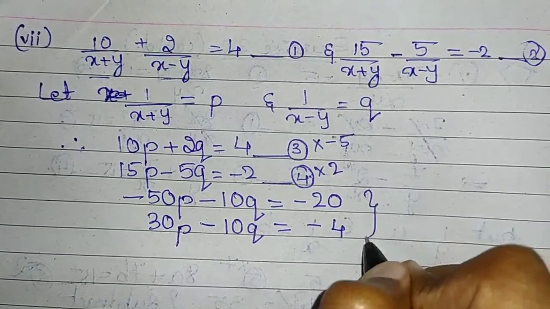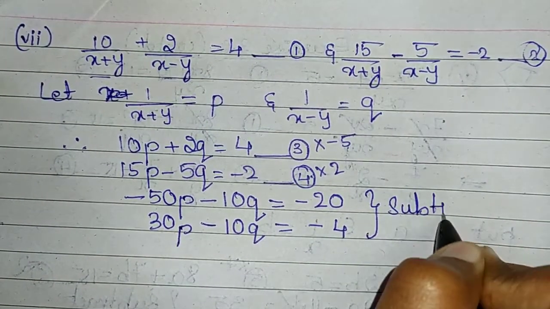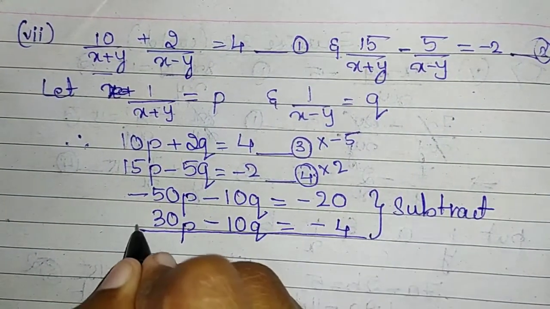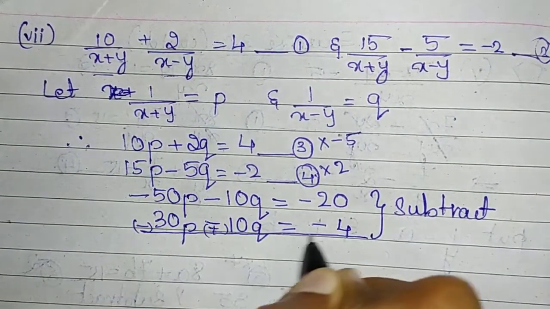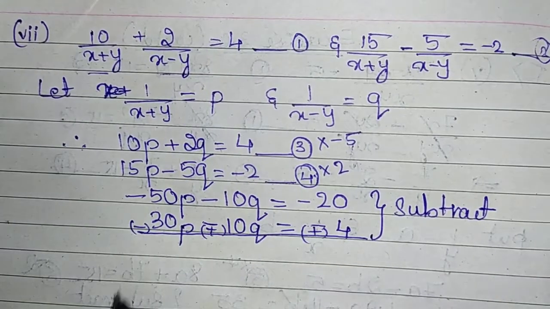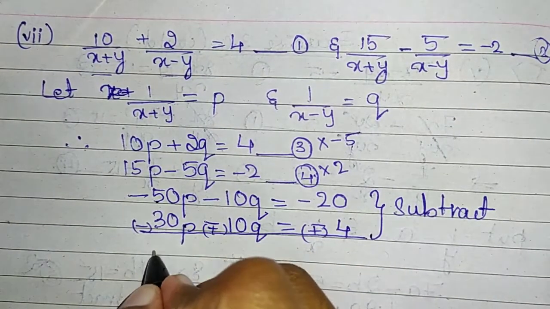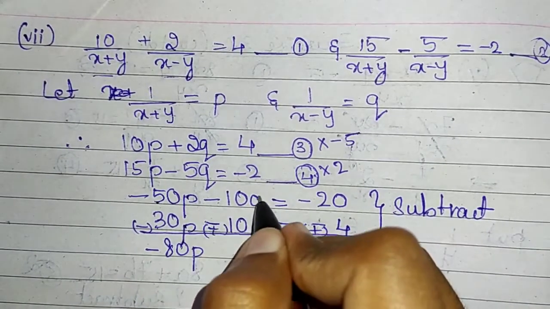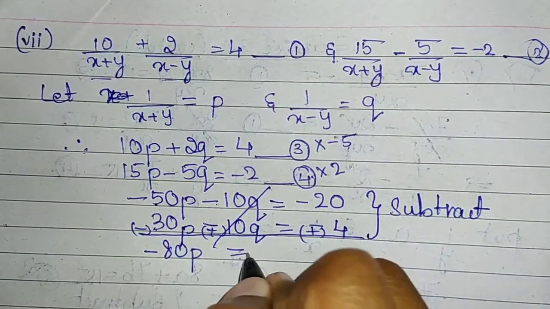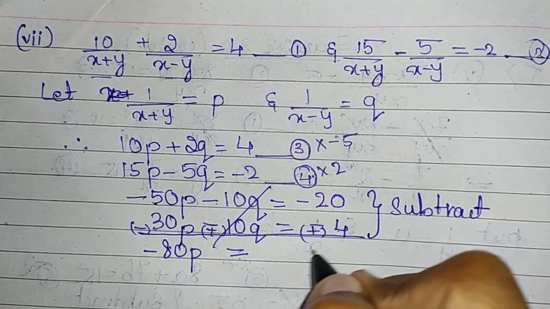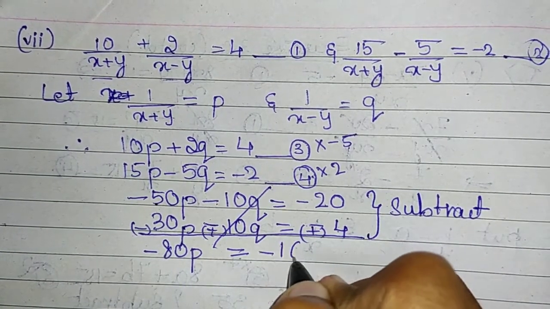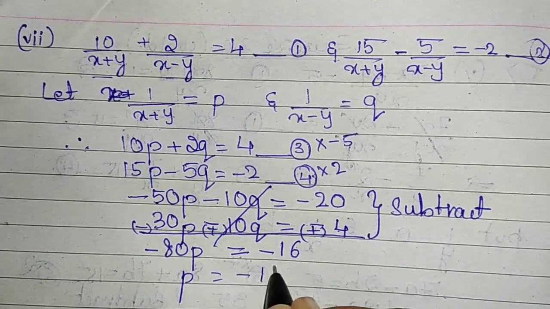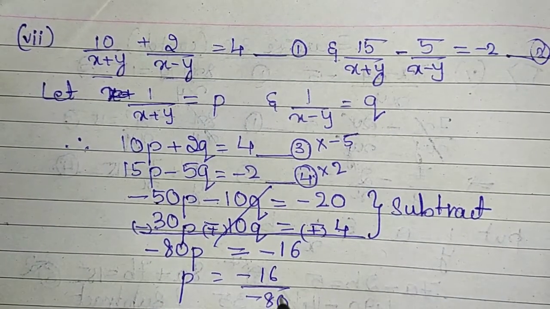So now we have to subtract these new equations. So we get 50 minus 30, that is 80p, and 10q minus 10q cancels each other, is equal to minus 20 plus 4, that is minus 16. So p is equal to minus 16 by minus 80.